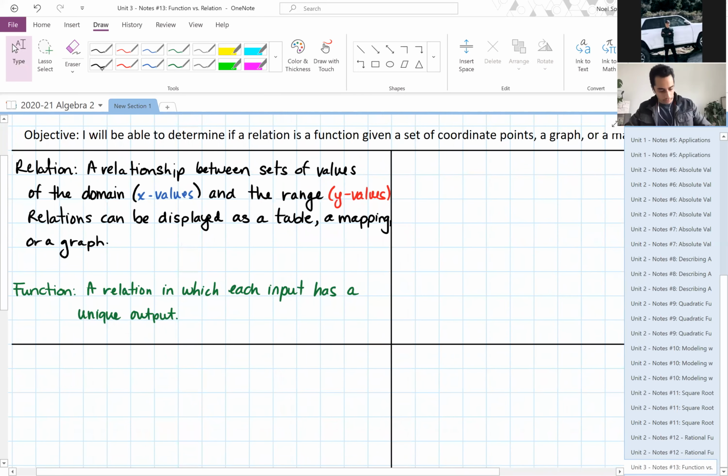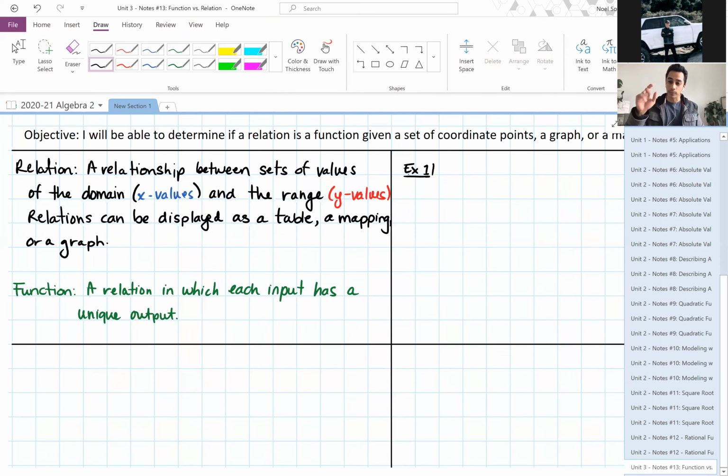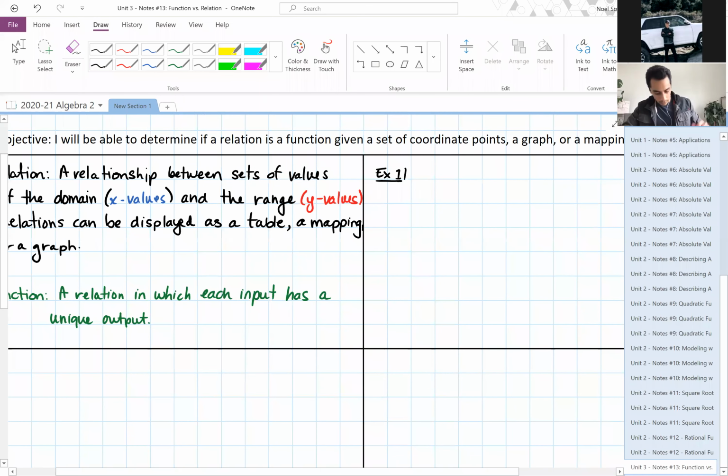All right. So here's our first example in box number 2. The first thing we'll do is identify. We're going to be given a set of coordinate points. And what we're going to do first is identify which one of those numbers belongs in the domain, which one belongs in the range. And then ultimately, can we determine whether this is a relation or whether this is a function? Okay. So here are the instructions.